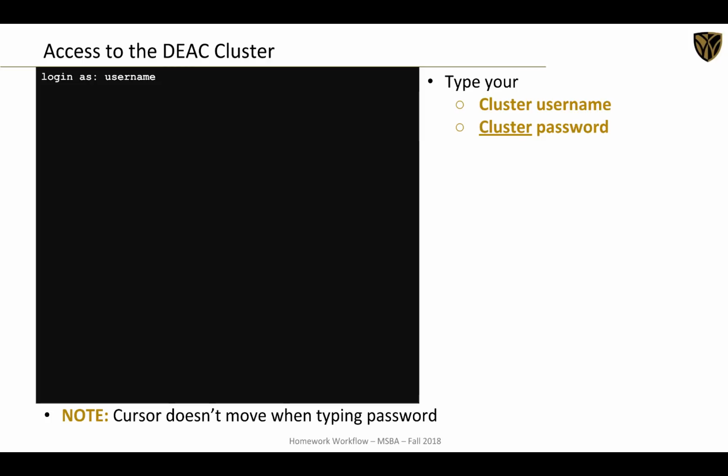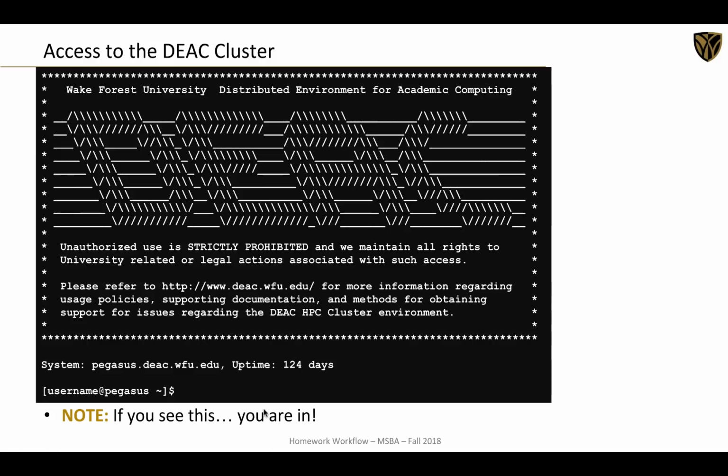Take note that the cursor will not move while you type the password. This is just a security feature. If the next thing you see in your terminal is the DEAC cluster banner shown here, then congratulations, you have successfully logged in to the DEAC cluster.